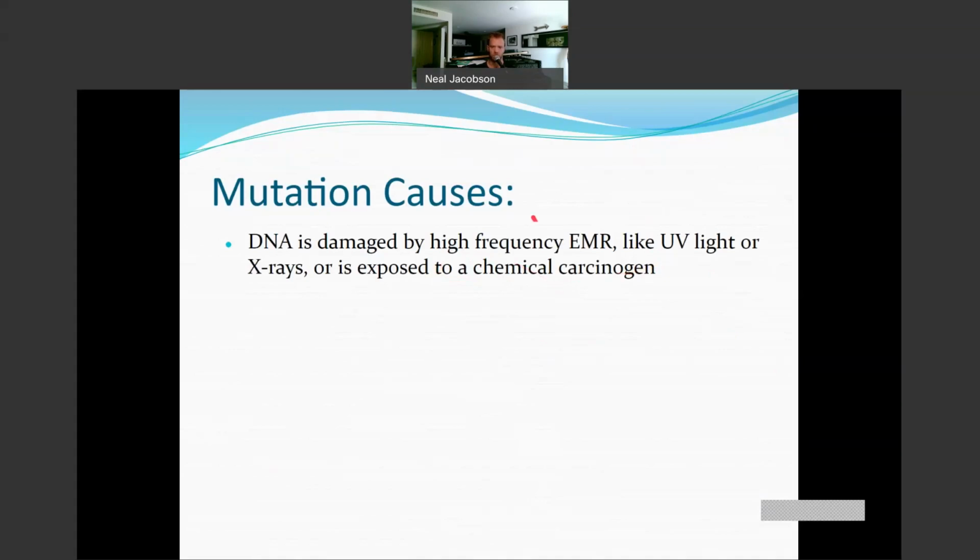That could be a mutagen, something like the ooze in Teenage Mutant Ninja Turtles, right? Some chemical that causes the DNA machinery that replicates DNA to not function as well, or that actually damages the DNA directly. Any of those would work. That causes the repair mechanism to kick in and do its best job repairing, and then it makes mistakes.